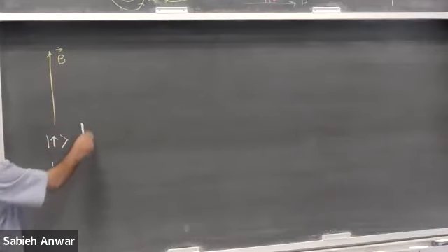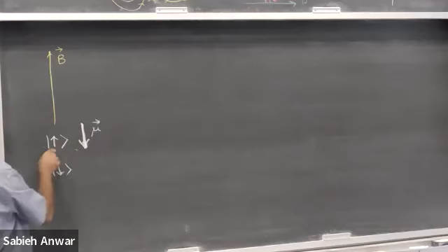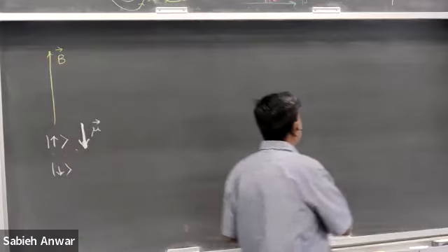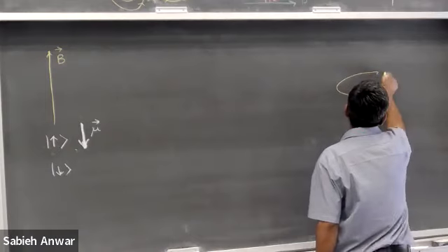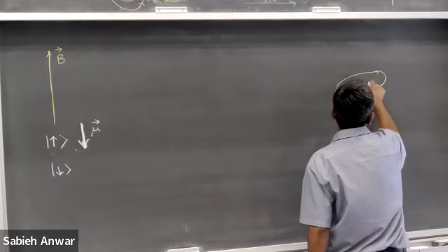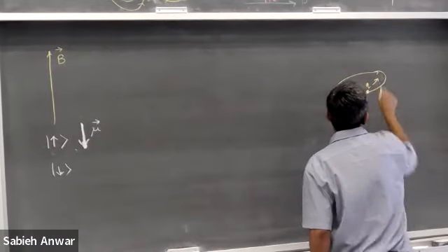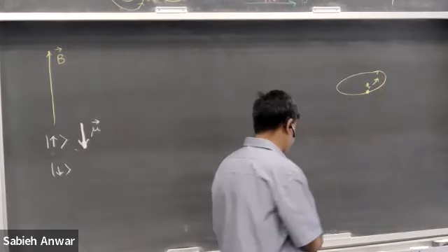And why have I drawn mu in the opposite direction as the spin? Because we're talking about a negatively charged electron. Just so that you don't get confused, I have a loop and a positive charge is flowing in this direction.